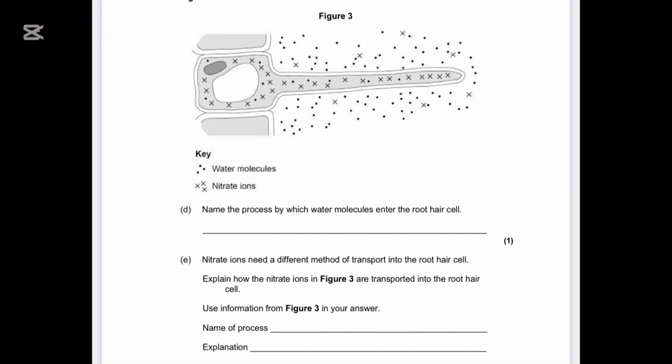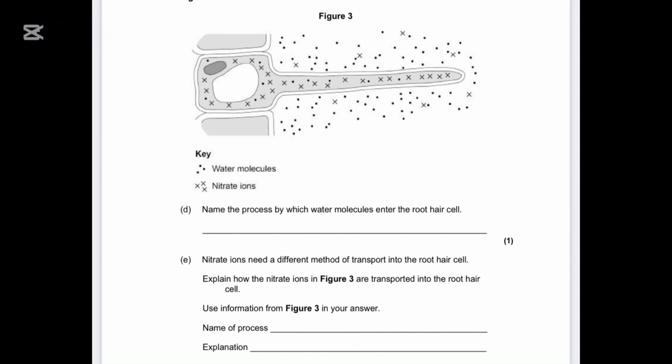Now, this is how active transport works. The root hair cells utilize specialized membrane proteins called ion transporters to actively pump ions like phosphate ions and potassium ions into the cytoplasm. This process requires energy in the form of ATP as it moves ions against their concentration gradient, meaning from an area of lower concentration, which is the soil, to an area of higher concentration, which is the root hair cells.